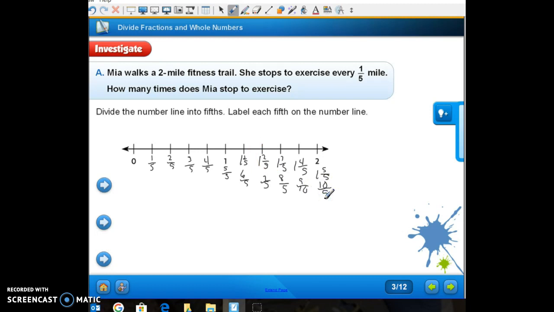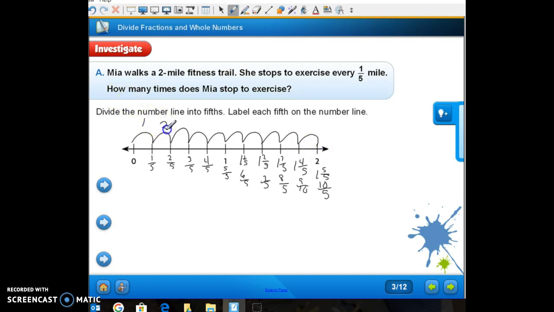Okay. To skip count by fifths from 0 to 2 to find 2 divided by fifths. So we had 2 from 0 to 2. So we have 1/5, 2/5, 3/5, 4/5, 5/5, 6/5, 7/5, 8/5, 9/5, and 10/5.